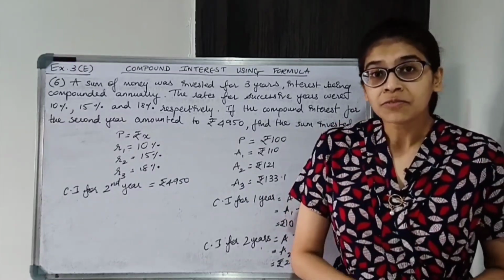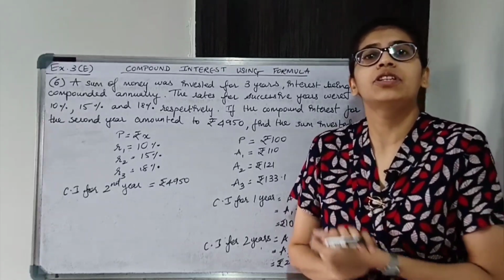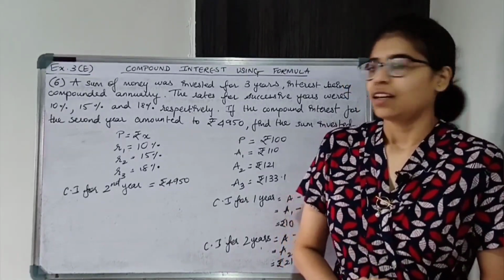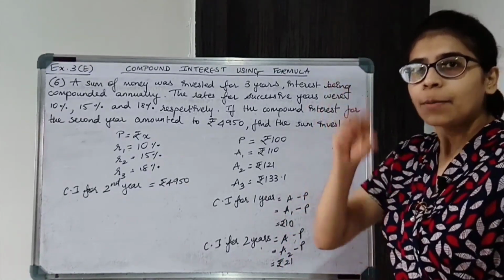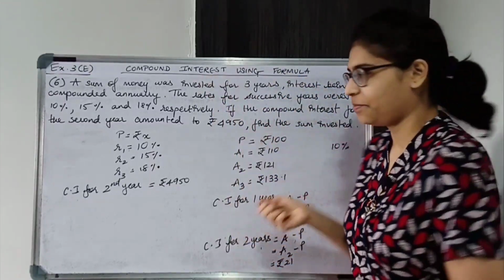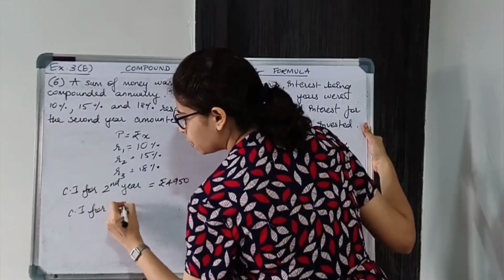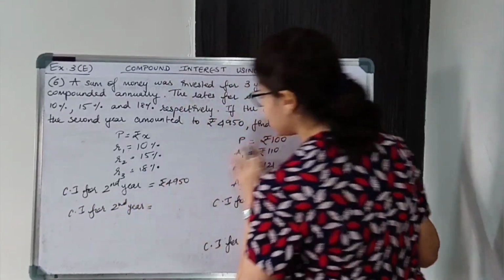Now what if you need to find only for second year or only for third year? Now again the same formula, amount and principal, but which amount and which principal? Let's say you need to find compound interest for second year in this example.